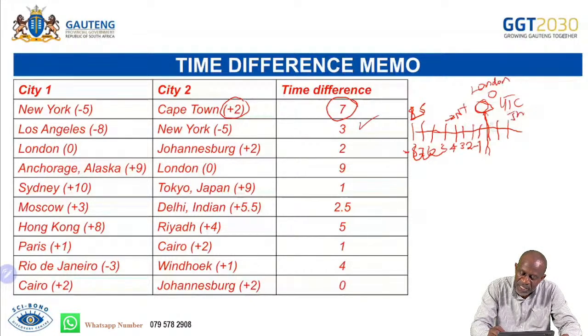When you count, you'll say 1, 2. So the time difference between Johannesburg and London is 2 hours. You either write it in full or you write HRS. This refers to the number of hours of time difference.